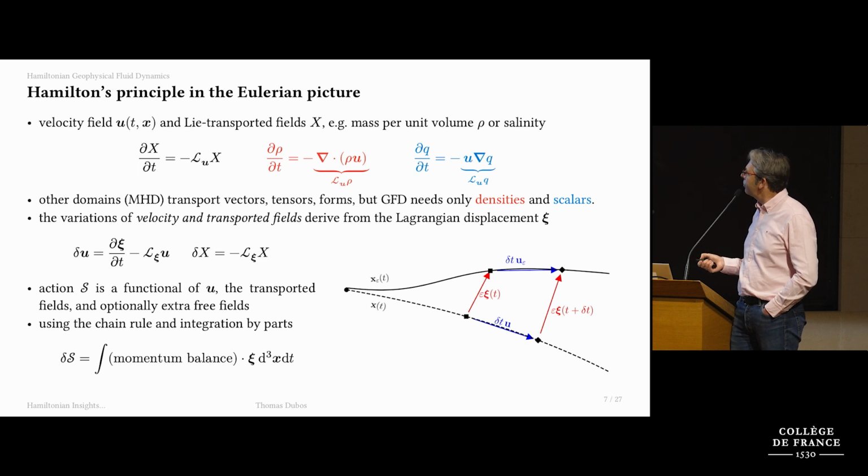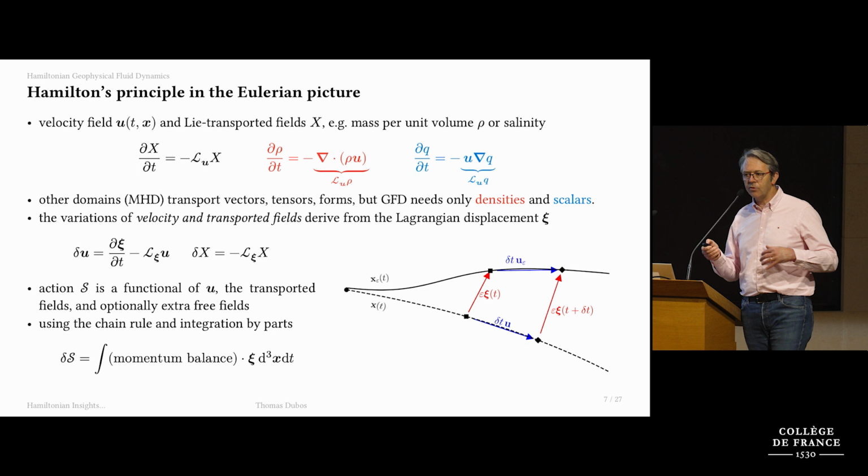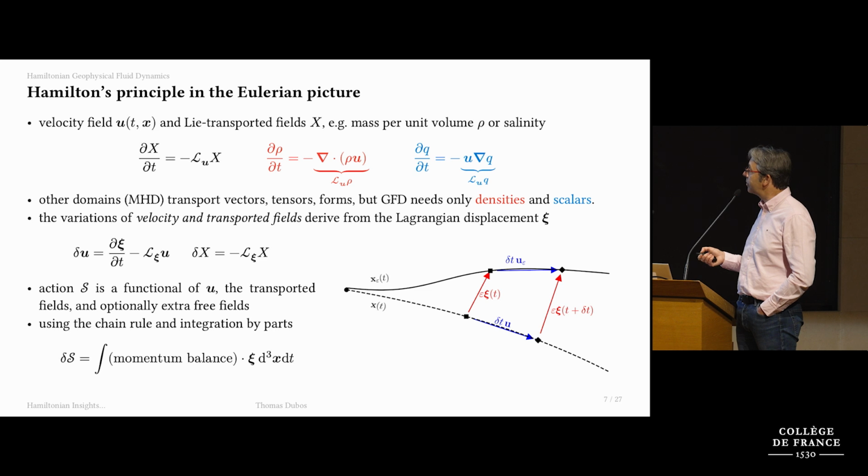So this allows to make all the variational calculus entirely in the Eulerian frame. You don't have to adopt a Lagrangian point of view and then go back to the Eulerian picture. And then it's just a matter of, say, computation and that I am able to do. So you don't need to know differential geometry to do it.